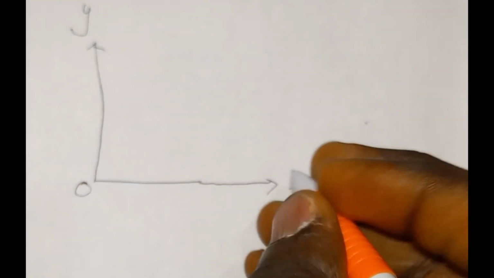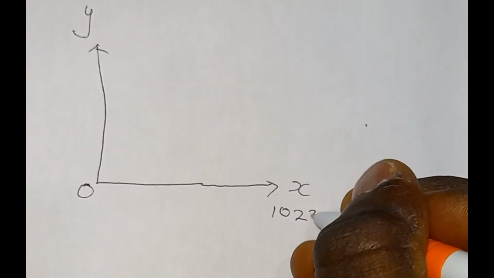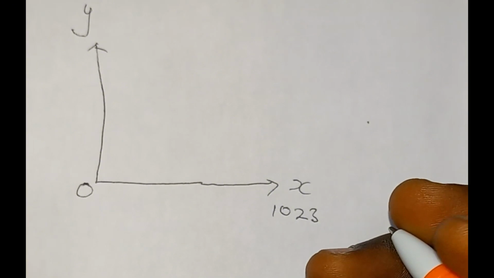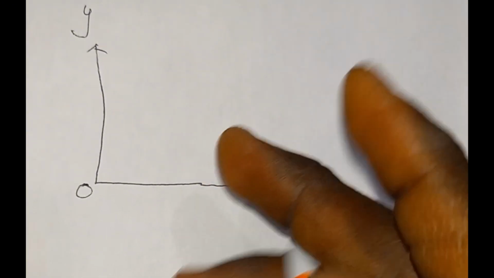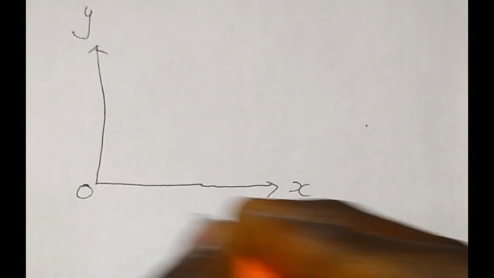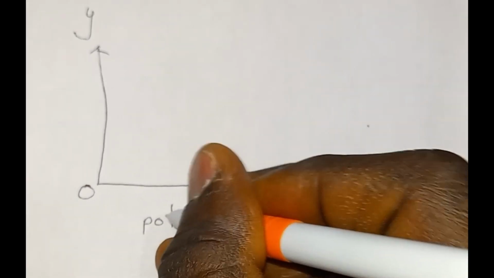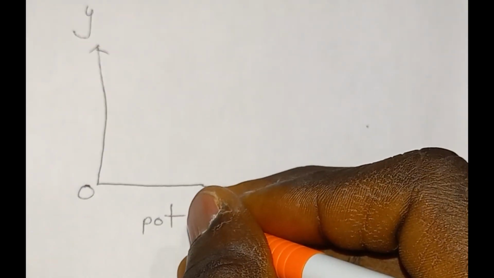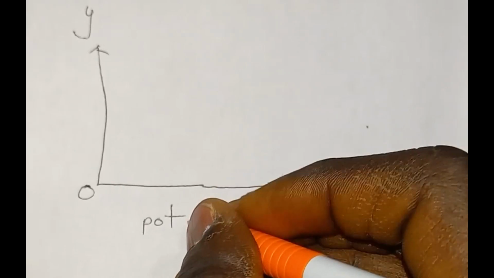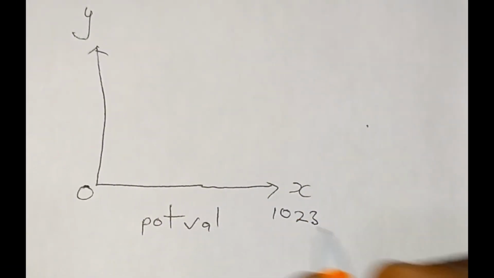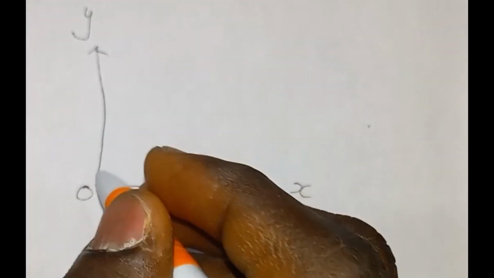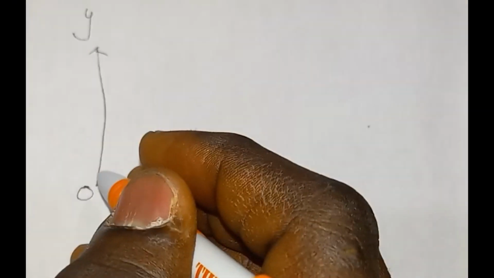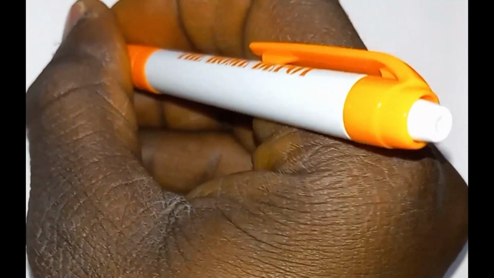We have the 0 to 1023 for the potentiometer, which is working on that 10-bit range. So I'll just put port val, potentiometer value, and up here we have the LED from 0 to 255.